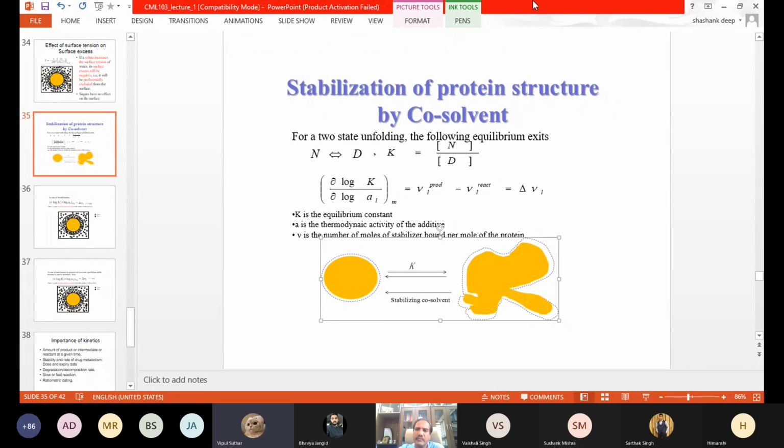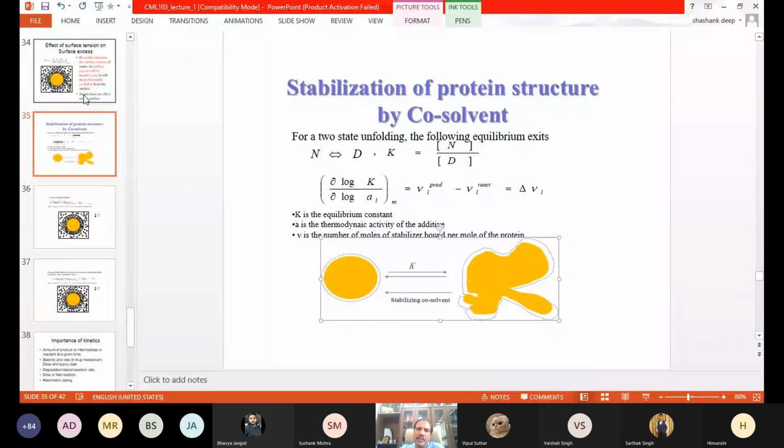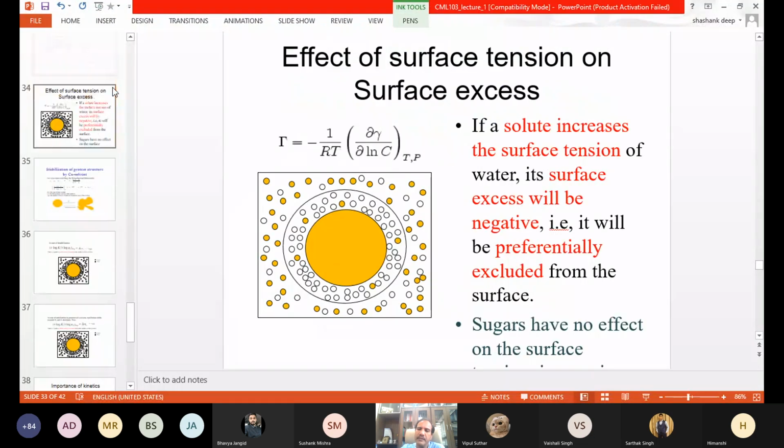Sir, please explain again the effect of surface tension. Okay. So this is well known. This equation which I showed you is known as the Gibbs adsorption isotherm.